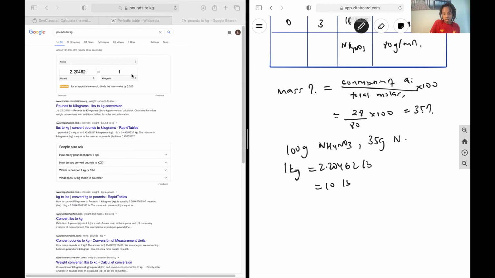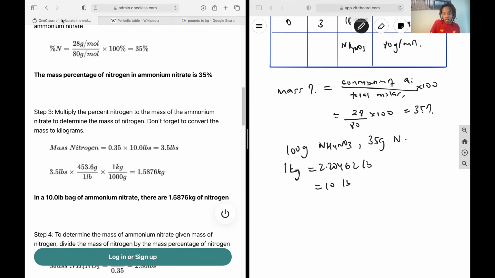And that is actually going to give us roughly 4.536 kilograms, and this is going to be equal to 4,536 grams.